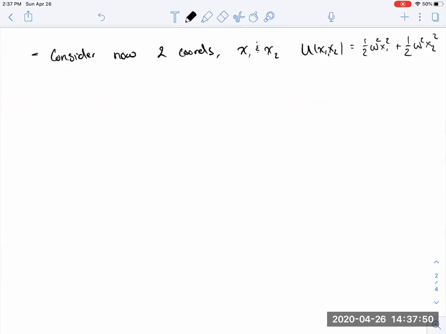So if we were then going to draw out the potential energy surface, it is now a surface. It's a function of both x1 and x2. It rises up in that direction, rises up in this direction.